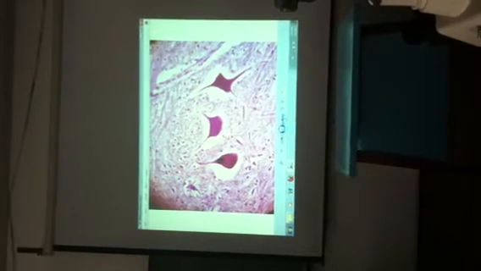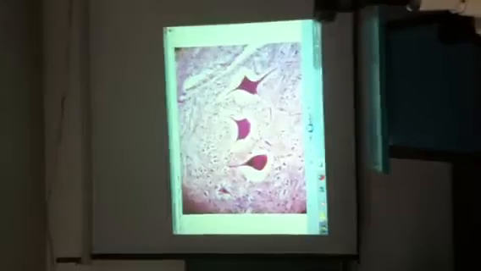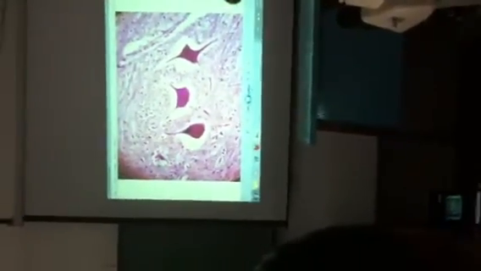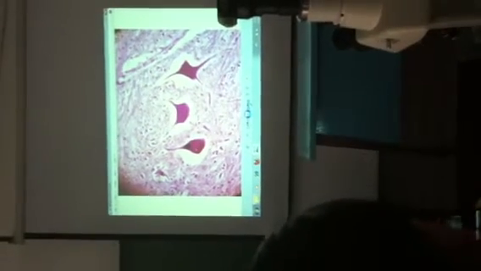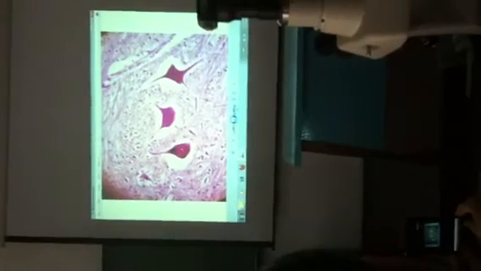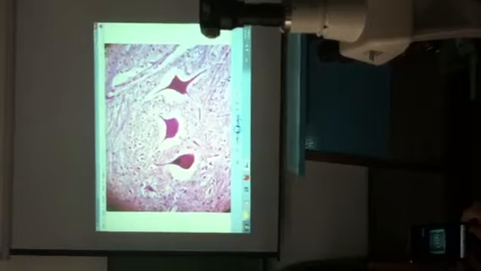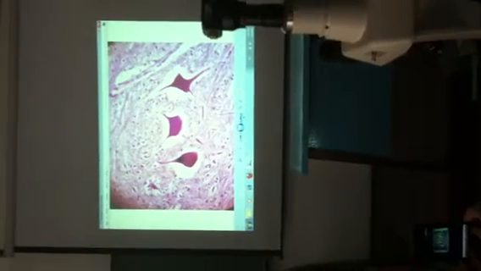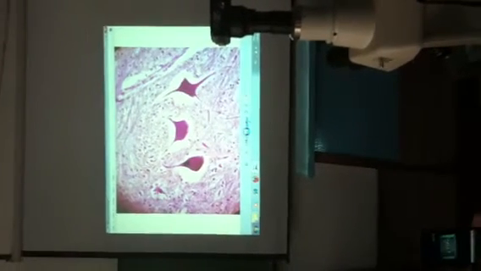In ordinary cells, the Nissl bodies correspond to ribosomes, not endoplasmic reticulum, because you know already that the endoplasmic reticulum is a network of tubules. These are bodies. They correspond to ribosomes that are attached to the endoplasmic reticulum. Okay?